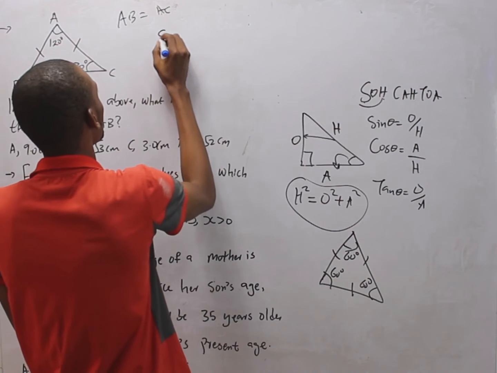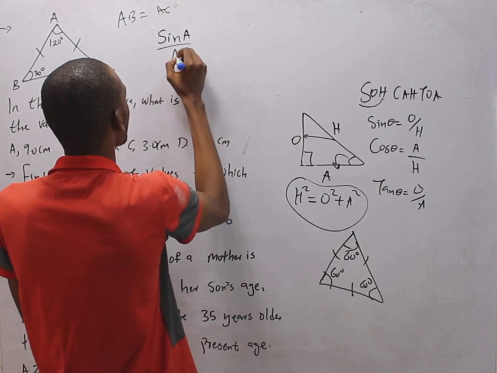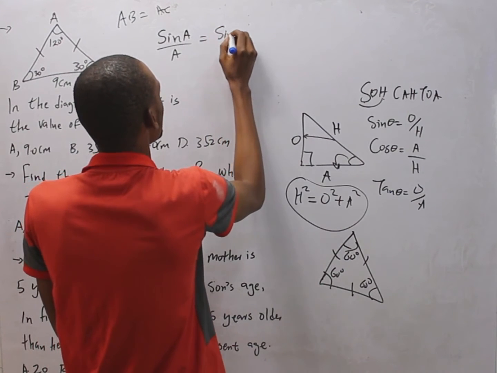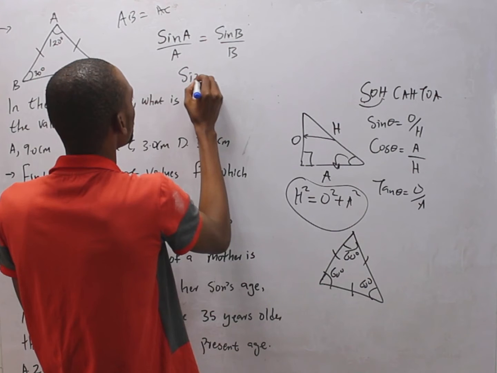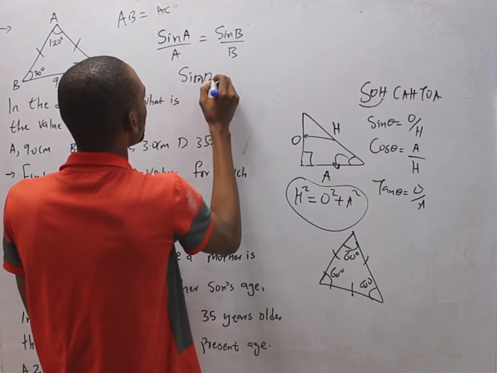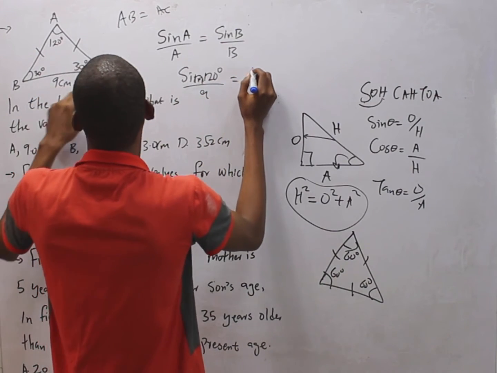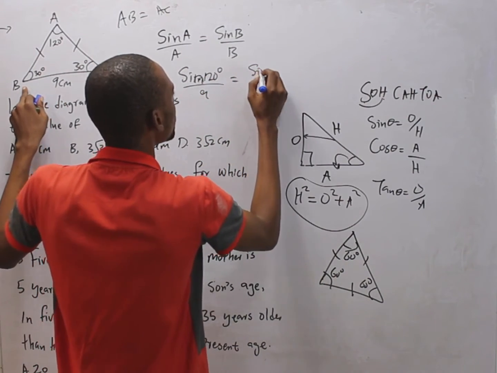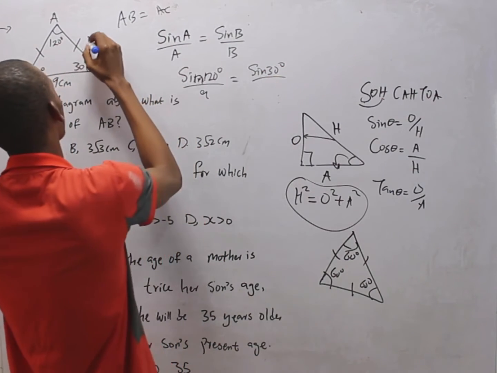We can say that sine A over a equals sine B over b, meaning sine 120 degrees over 9 equals sine 30 degrees all over AC.